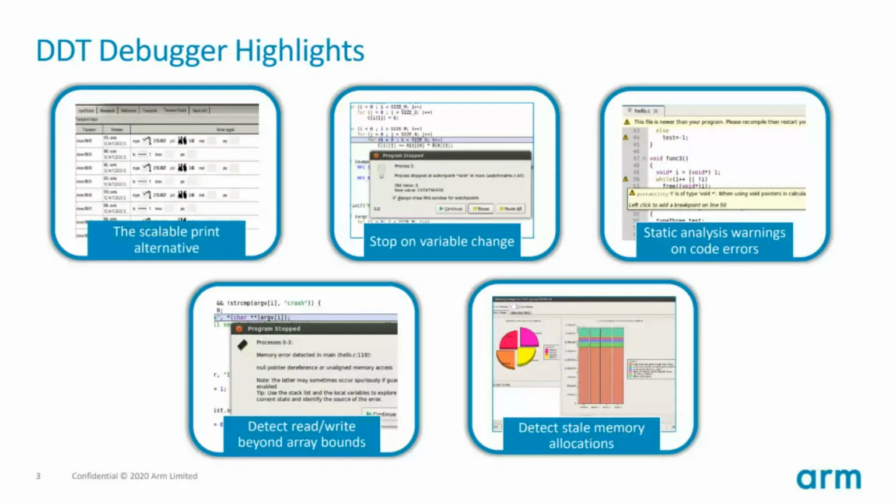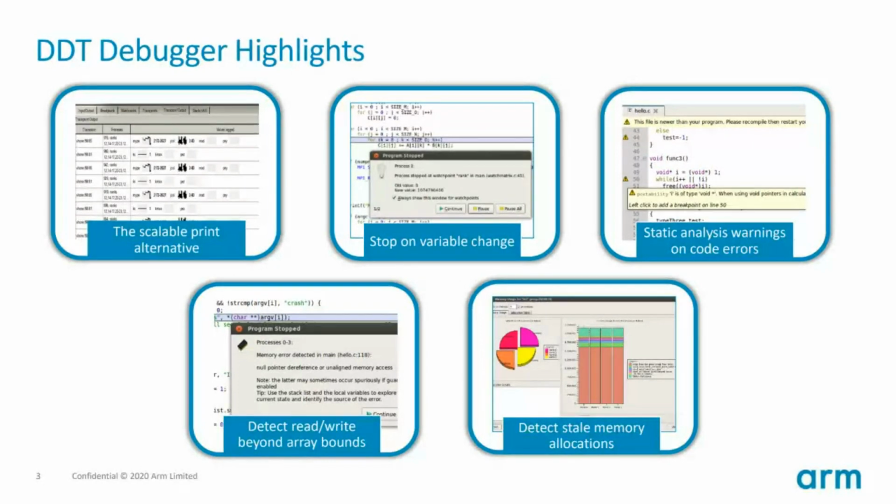Just some highlights in DDT, and I'll be going through a demonstration of all these today. Scalable print statements, its ability to output values from the debugger without modifying the code or rerunning. Watchpoints, the ability to halt execution dependent upon the value of an expression.